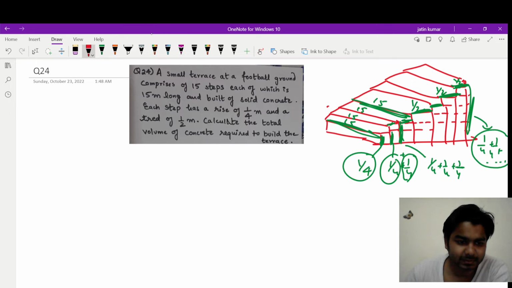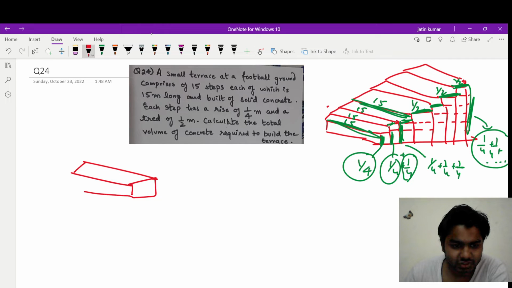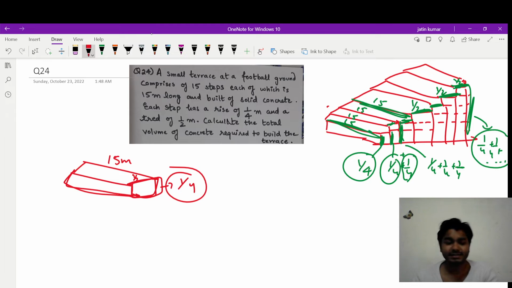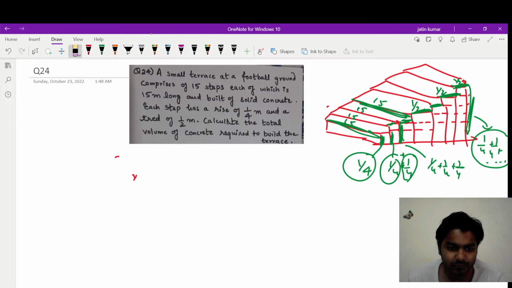Now if you take one separate step, can you observe here that this is the shape of a cuboid? Can you observe it with 15 meter, and 1 by 2 as tread and 1 by 4 as height? It is a cuboid in shape, right? So if I have to find the volume, you know the volume of a cuboid, right?